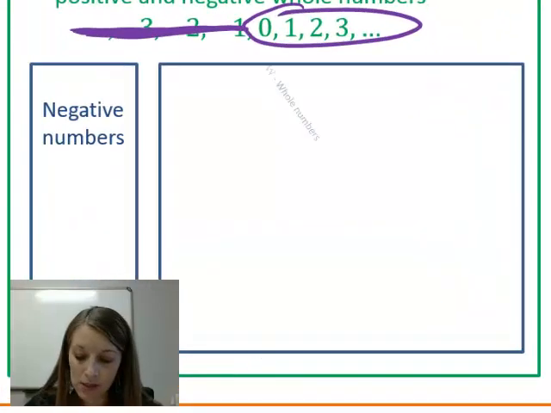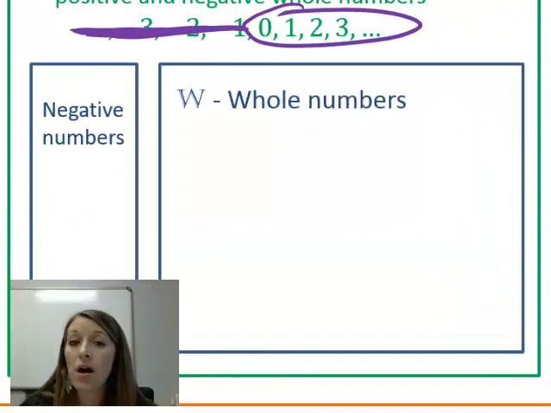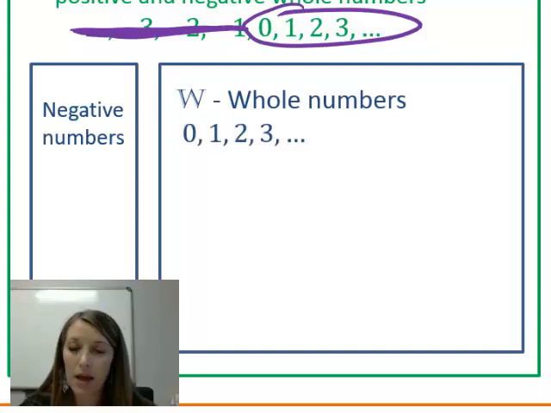So that leaves us with what are now officially called the whole numbers. Whole numbers do not include the negative numbers. That's what is labeled by integers. So integers is both positive and negative. Whole numbers is just 0 and on up. And as you can see, I've listed that there.